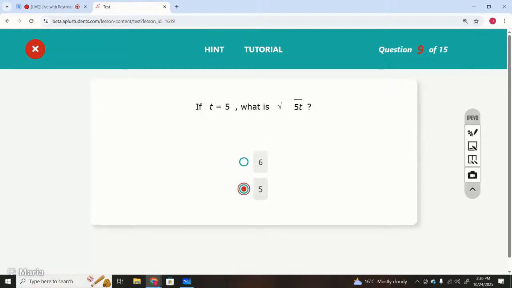Square root of 25 is 5. Option number 2 is the correct option.